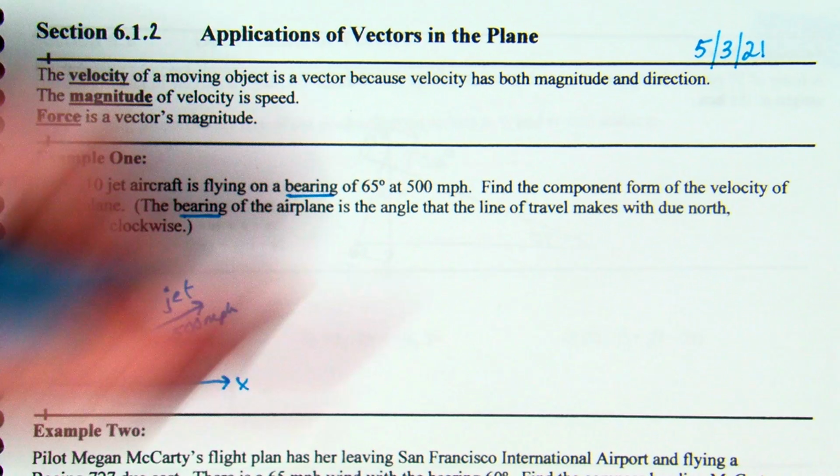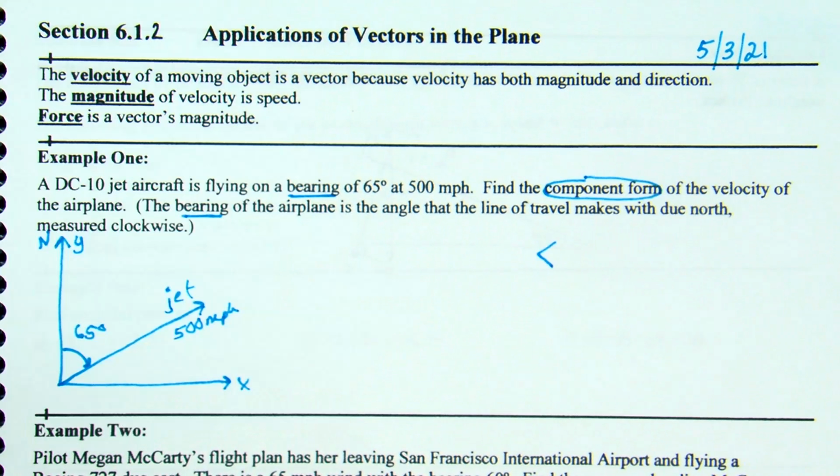Now, this problem asked us to find the component form, yes? And if you go back to what we did on Friday, we talked about the horizontal and vertical components. Do you remember what we talked about on Friday with the horizontal and vertical components? How do we find them? Not the one you're thinking about, the x minus x and y minus y, that's if we know two points.